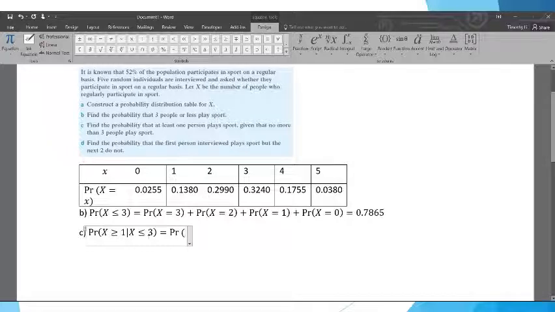So it must be between 1 and 3: 1 less than or equal to x less than or equal to 3, over the probability of x less than or equal to 3.